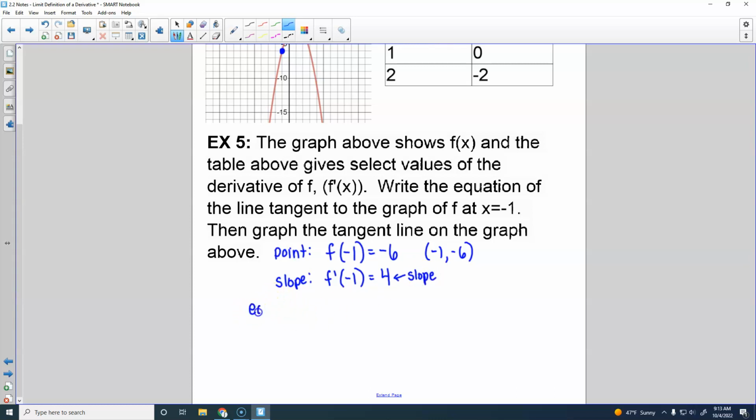So my equation of my tangent at x equals -1 is going to be y equals 4 times (x plus 1) minus 6.